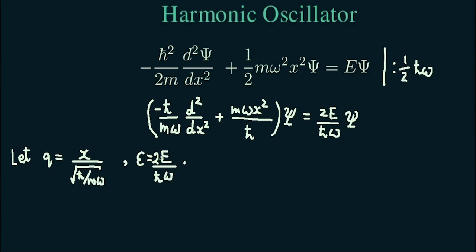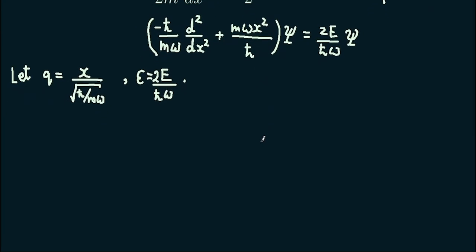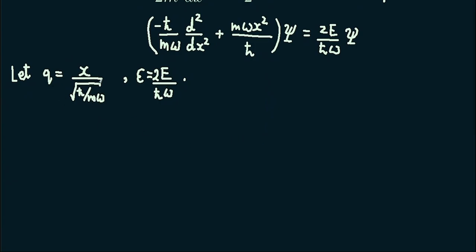You'll notice that this epsilon is just this term over here, and if you look closely, you'll also realize that this q is the square root of this term over here.